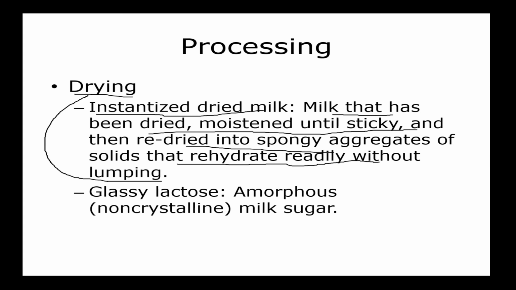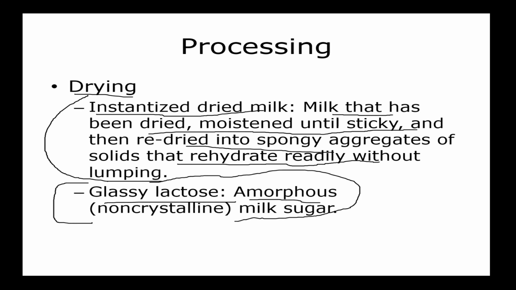One example of a dried milk product is glassy lactose. It is an amorphous milk sugar, and certain companies produce milk powders containing it. Glassy lactose is the amorphous, non-crystalline form of milk sugar.